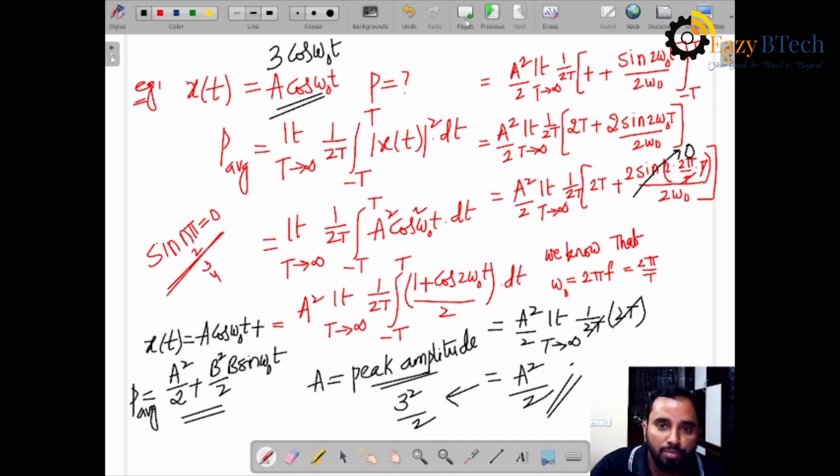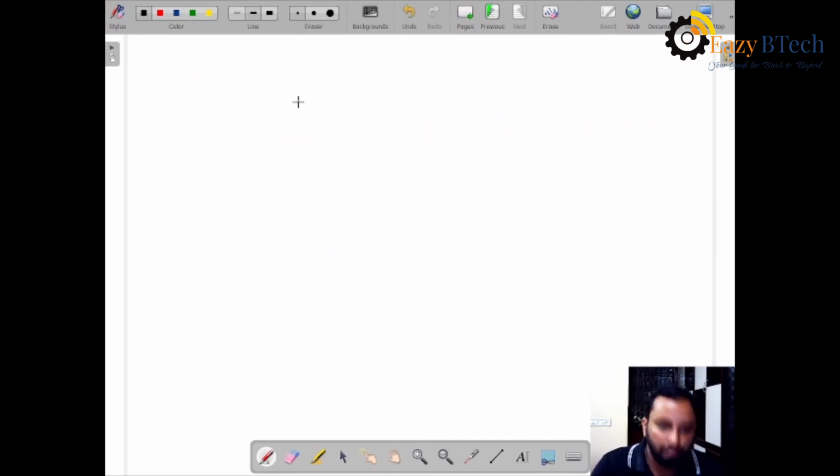And one more important relation, between power and RMS value of the signal. Very, very important. The relation between power and RMS value.